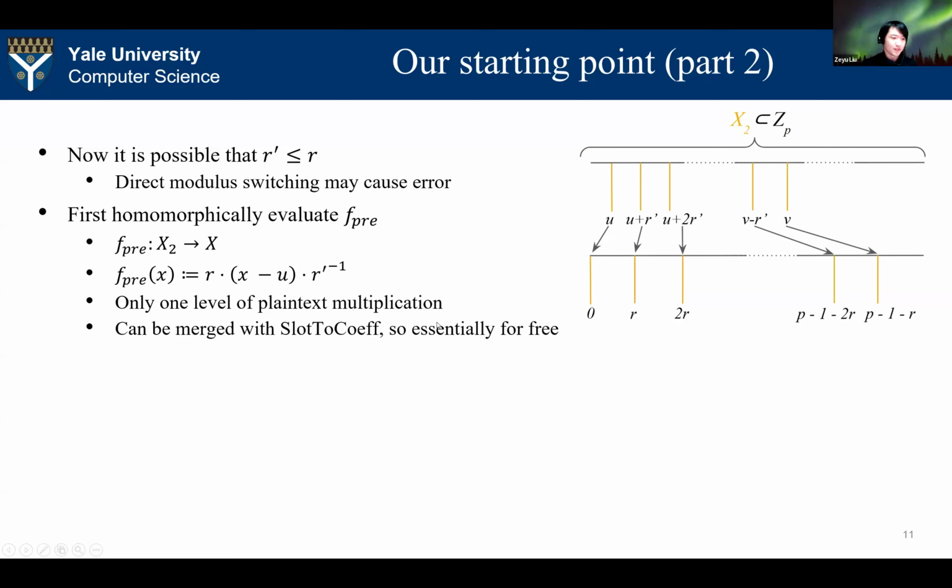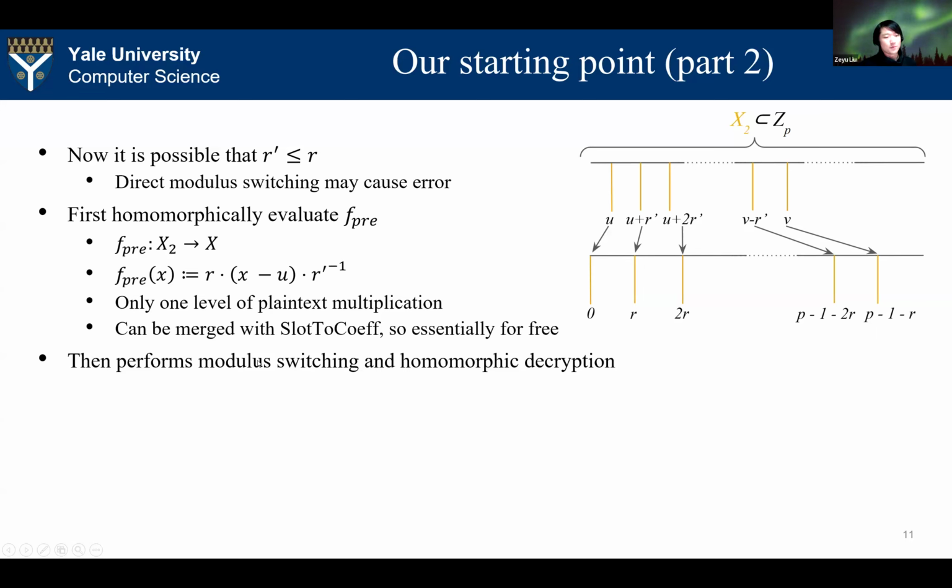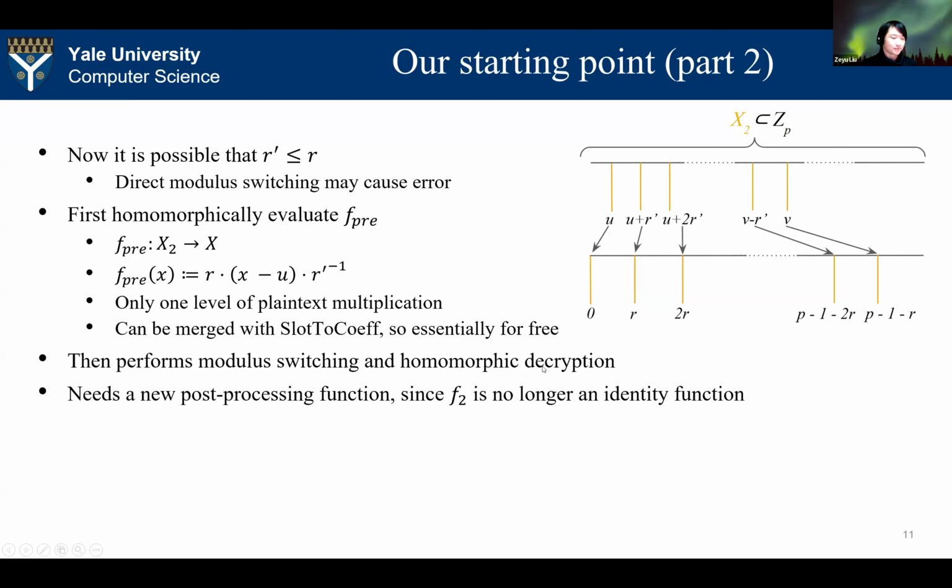If you are not familiar with slot-to-coeff, well, first it probably means that you did not attend the first talk, but more importantly, it doesn't really matter. The point I want to mention is that this f pre can be evaluated for free. Okay. And then again, after we get this, we perform modular switching and homomorphic decryption as in the previous slide.